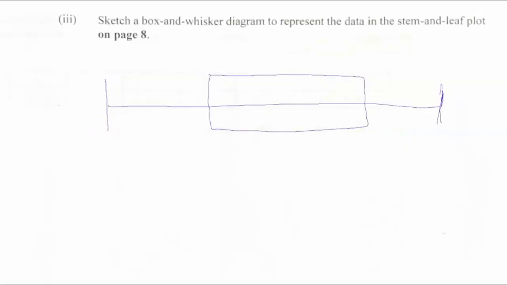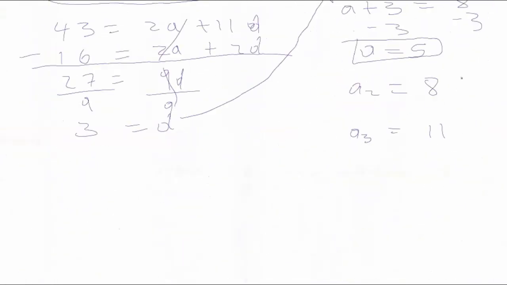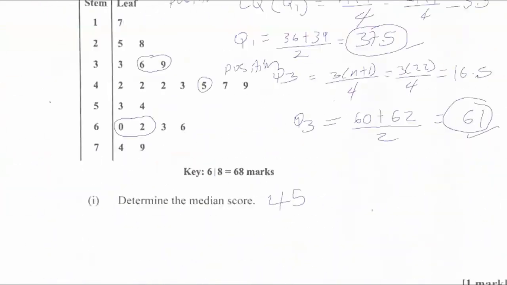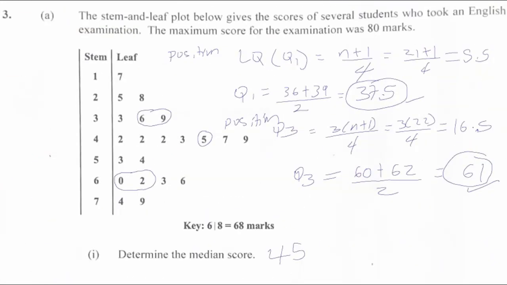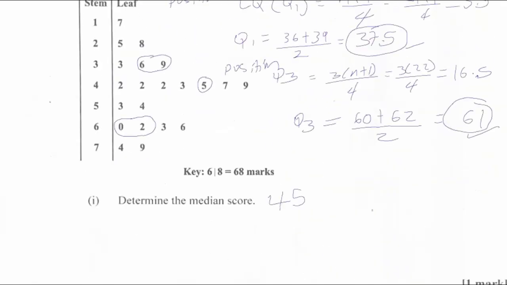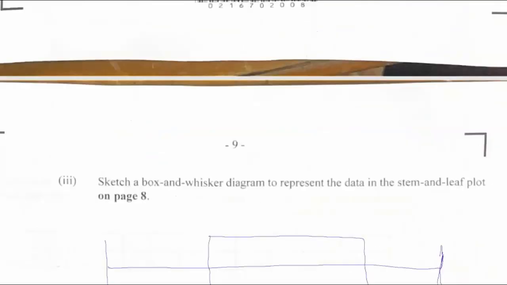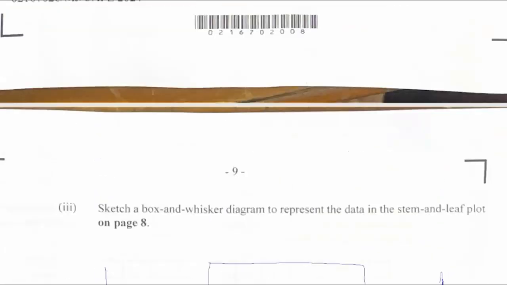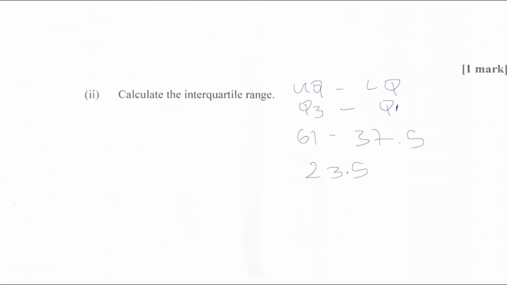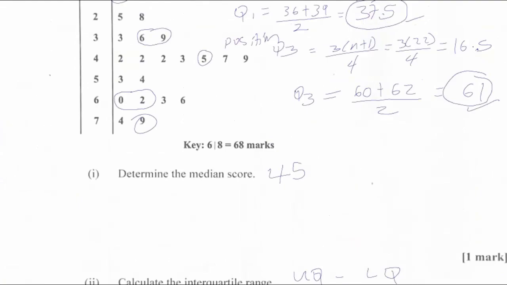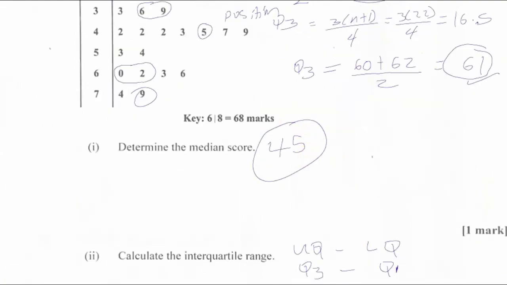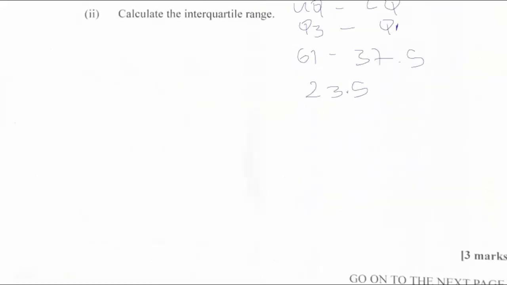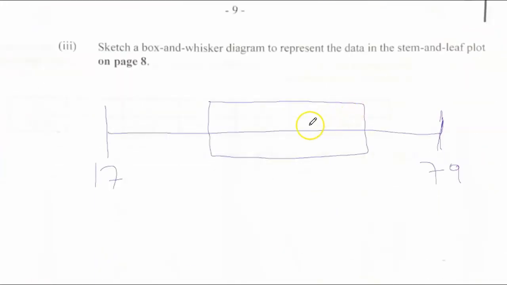The lowest number in the data set was 17, the highest number was 79. So 17, 79, and we have the quartiles in the box. The median was 45.